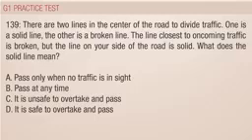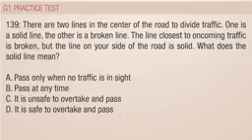Question 139. There are 2 lines in the center of the road to divide traffic. One is a solid line, the other is a broken line. The line closest to oncoming traffic is broken, but the line on your side of the road is solid. What does the solid line mean? A. Pass only when no traffic is in sight.